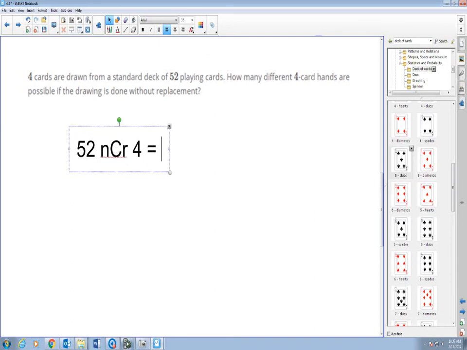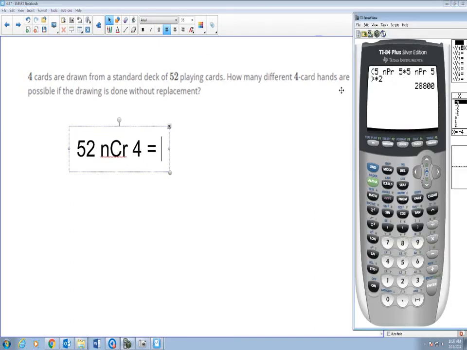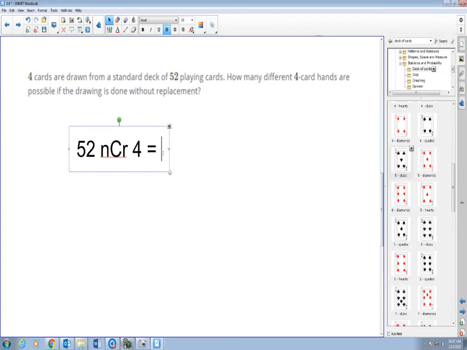So how many different 4-card hands are possible? 52 choosing 4. So 4-card draw, you got 270,725 different ways.